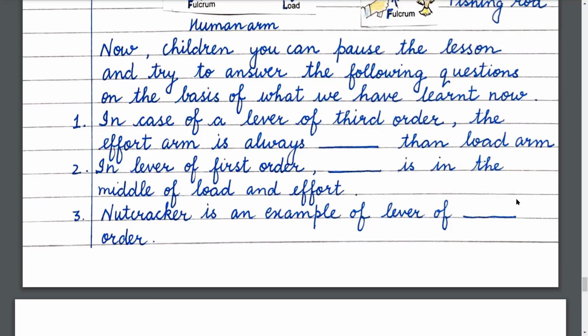In second class lever, load is in between the fulcrum and the effort. Whereas in third class lever, the effort is in between the load and the fulcrum. So you can pause the lesson and try to answer the following questions on the basis of what we have learned now.